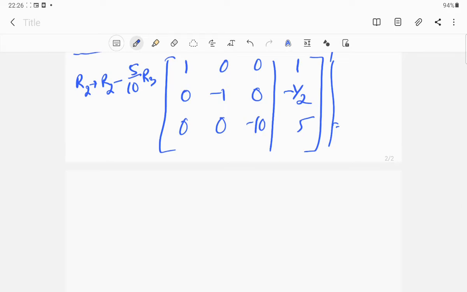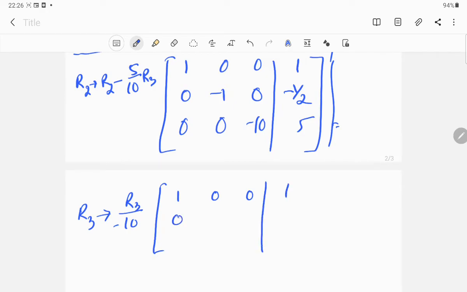Then can we divide R3 goes to R3 by minus 10. So it will be simply like 1 0 0 1, 0 minus 1 0 minus half, and then 0 0, minus 10, sorry, it will not be minus 10 because it's already divided by minus 10. So it will be 1, and 5 by minus 10 means minus half.